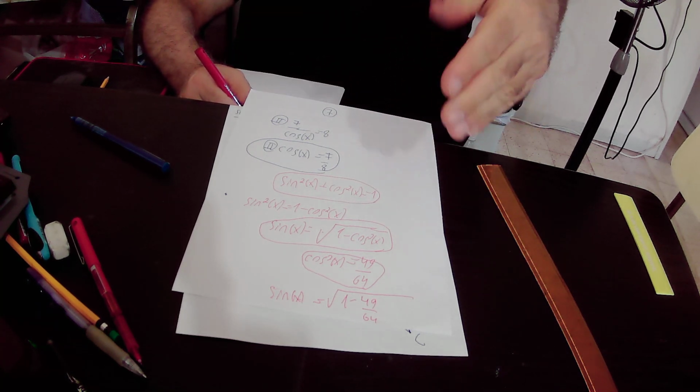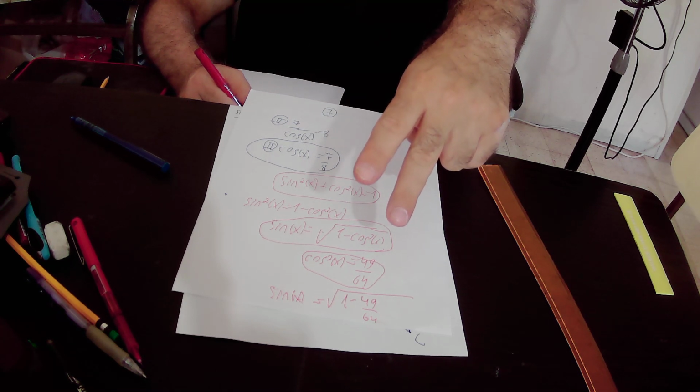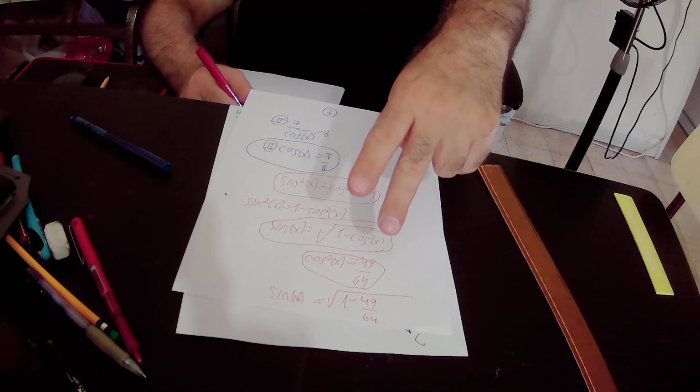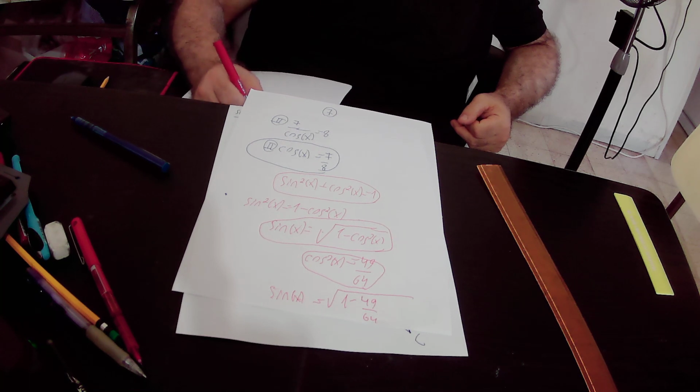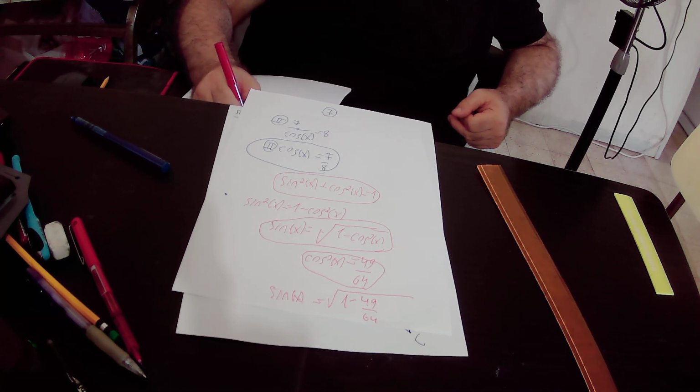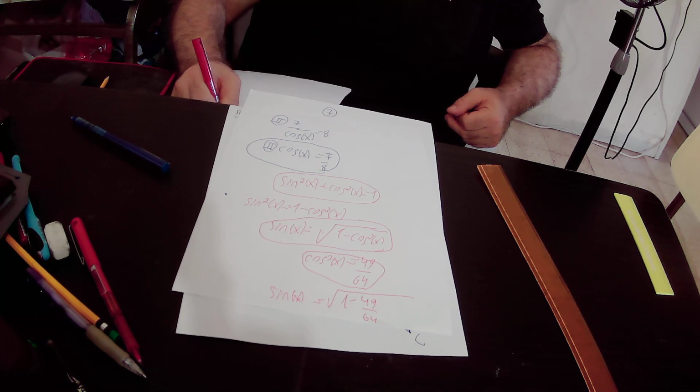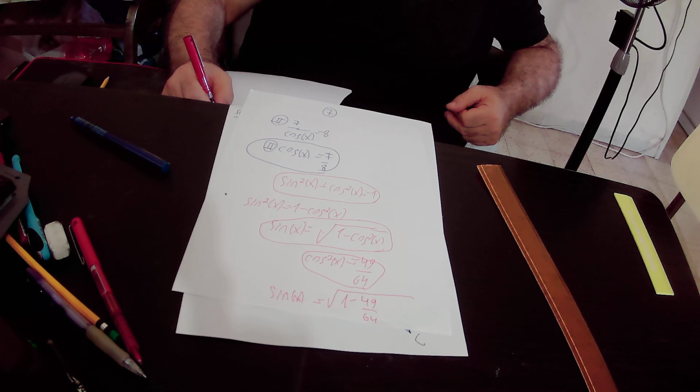In this way we will have a common denominator of 64. So sine x equals the root of 64 over 64 minus 49 over 64, that is 64 minus 49 over 64.